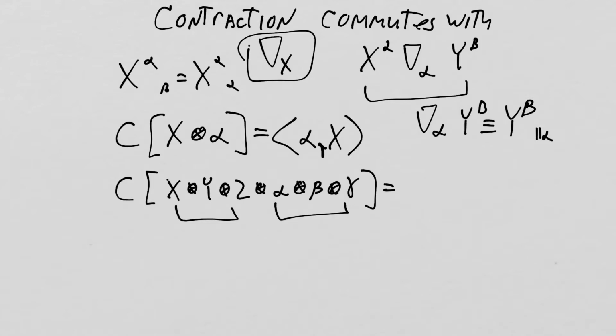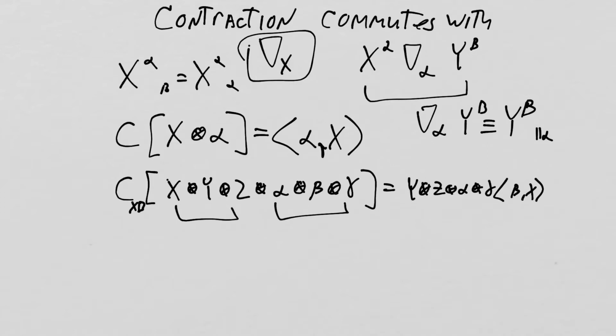So you have to choose which ones are contracting with which. If I wanted to contract x with beta, I might have to write a contraction of x with beta, in which case I would get y tensor product z tensor product alpha tensor product gamma multiplied by beta x, right, like that.